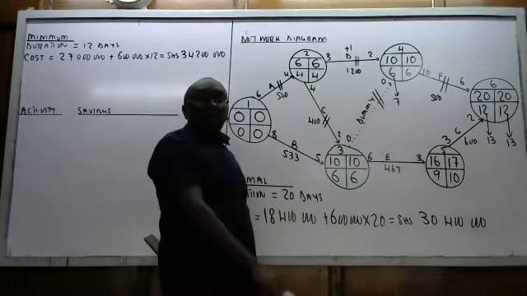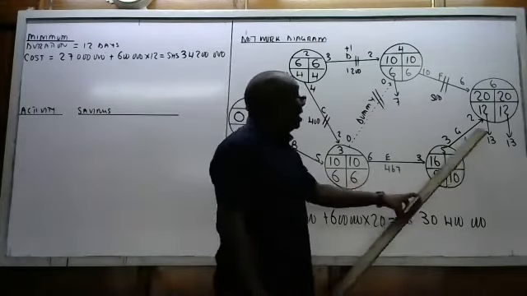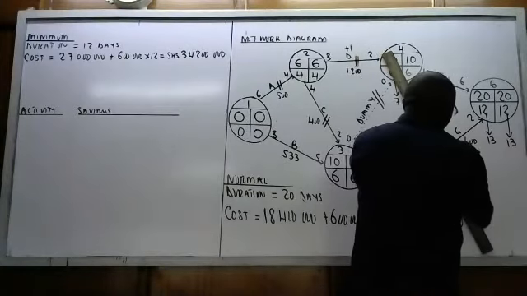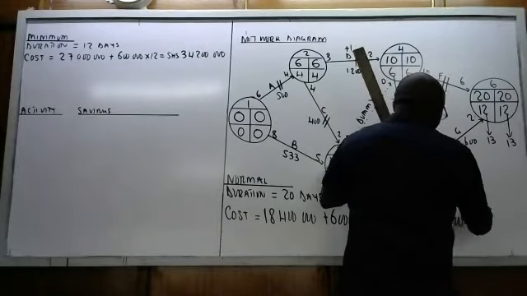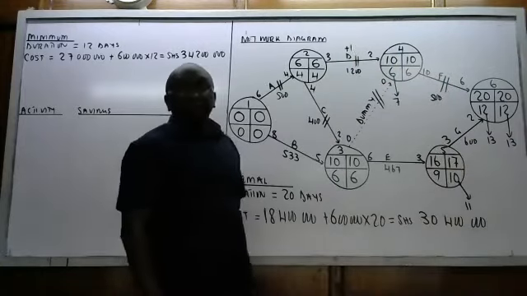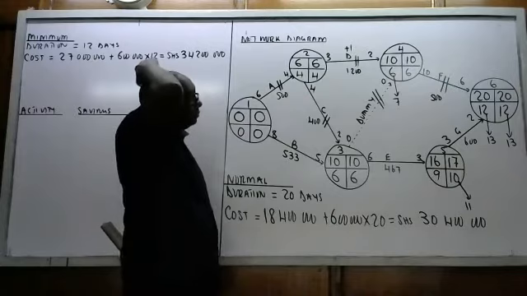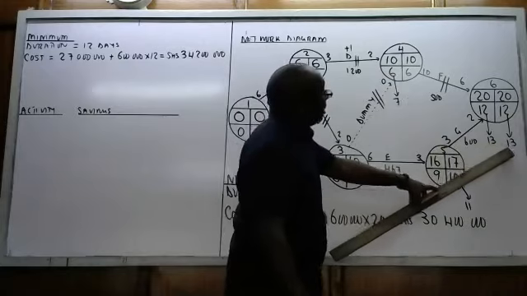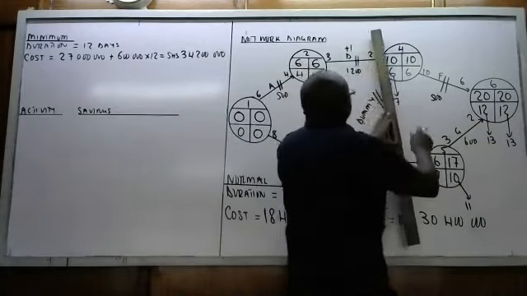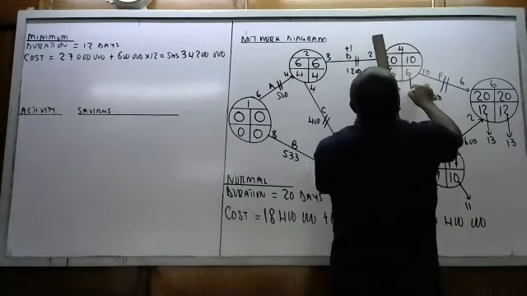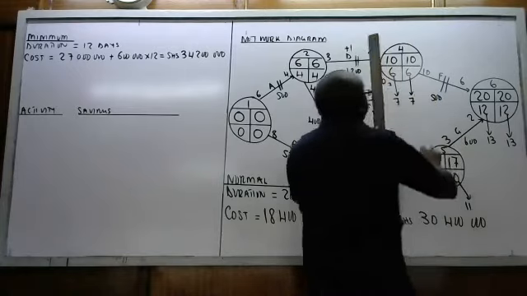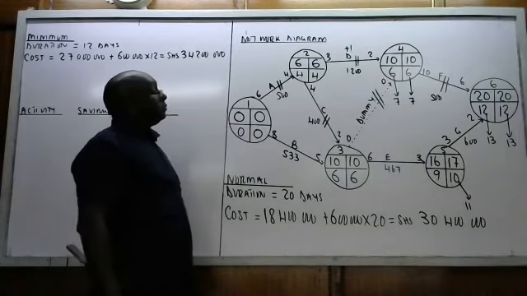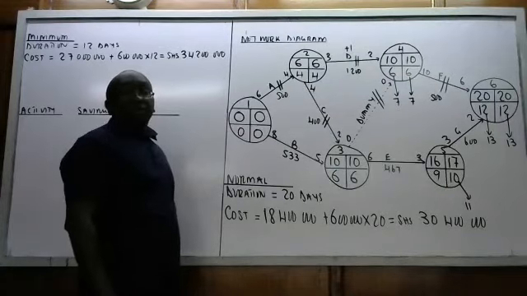So we start backwards. So 13 minus 2. Instead of 10, this is now 11. Then we go back here. 13 minus 6. So this one, instead of being 6, it is now 7.